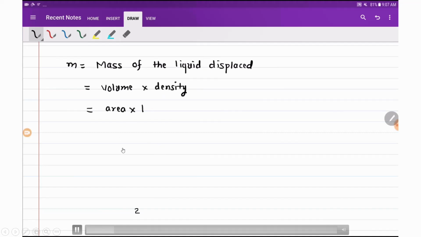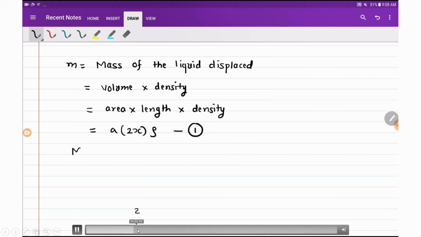Volume is nothing but area multiplied by length, multiplied by density. So area is A, length of the liquid which is displaced above and below the mean position is 2x, multiplied by rho. Capital M will be the mass of the entire liquid in the manometer.